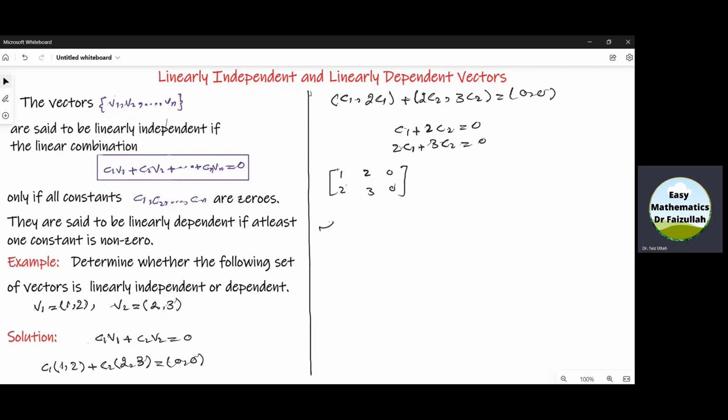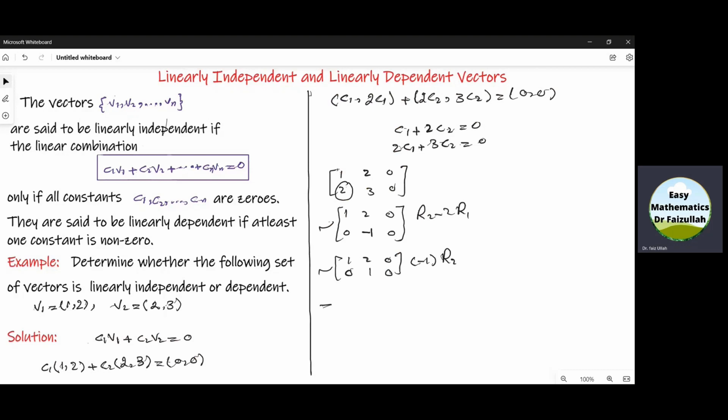Now we need that this 2 must be 0. So let us subtract 2 times row 1 from row 2. We get 1, 2, 0. Now this one is 0, this is minus 1, and this is 0. In the next step, we multiply row number 2 with minus 1. So we get 0, 1, 0.